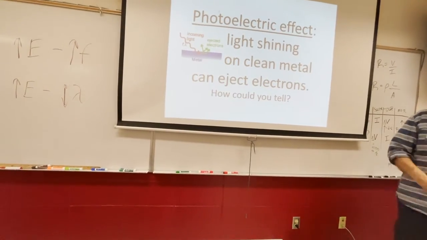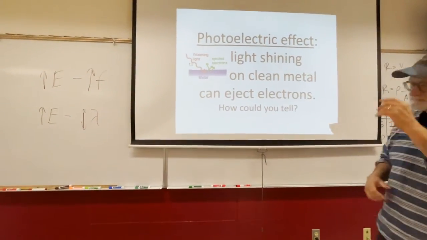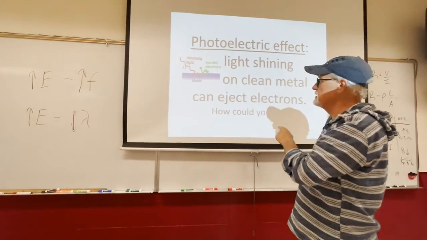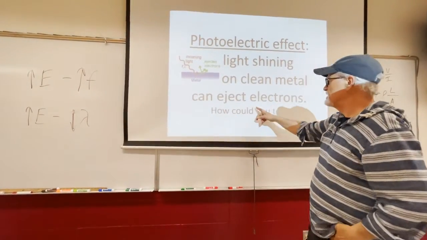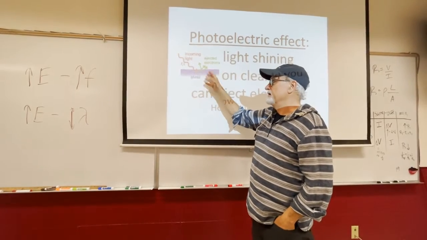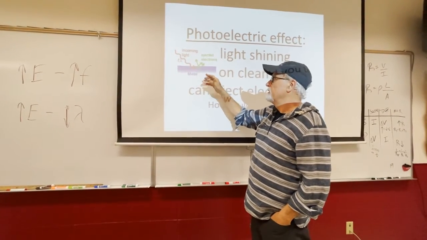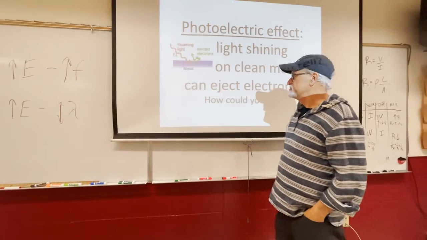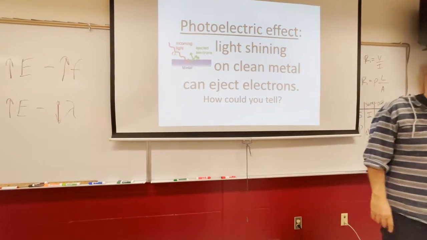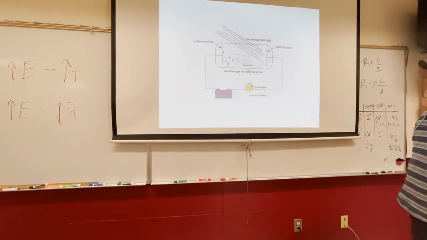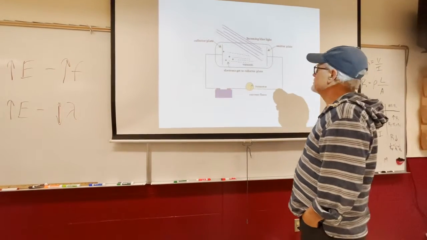Okay, so photoelectric effect. What happens? Light shining on clean metal can eject electrons. They won't always, but they will for particular frequencies and wavelengths. How could you tell that electrons are coming off of something? This is called a photoelectric tube.